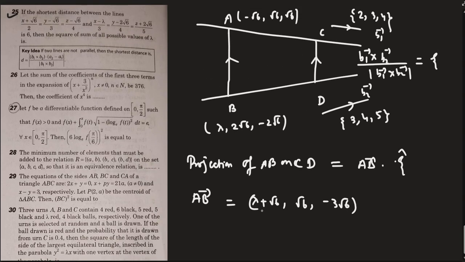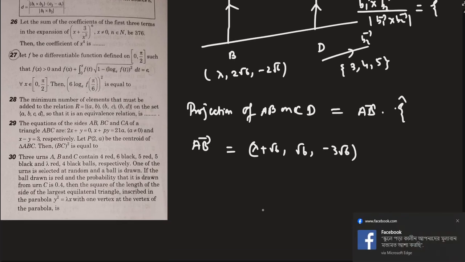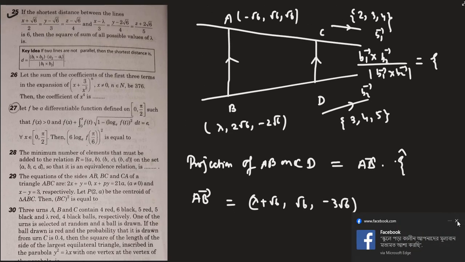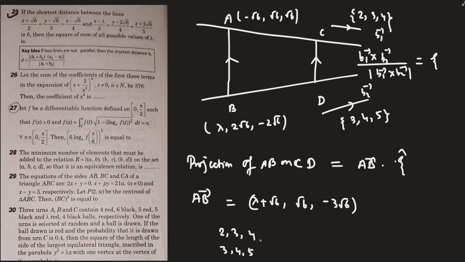So here 2, 3, 4 and 3, 4, 5. We have to take the cross product of these.